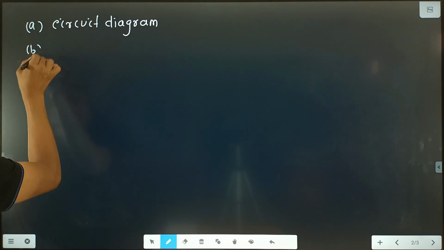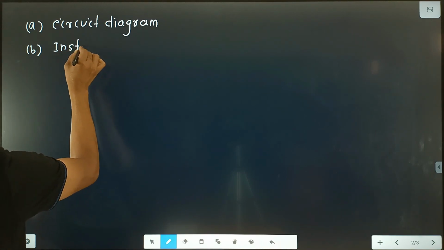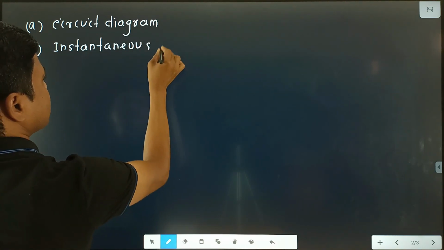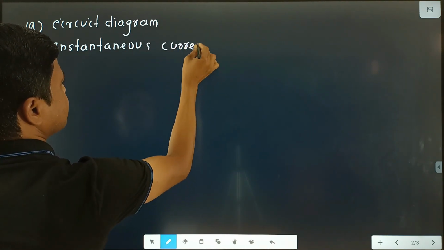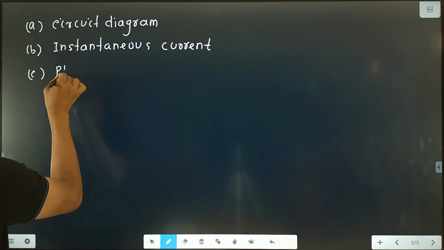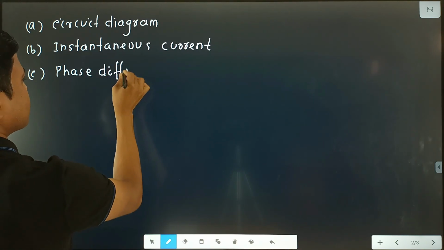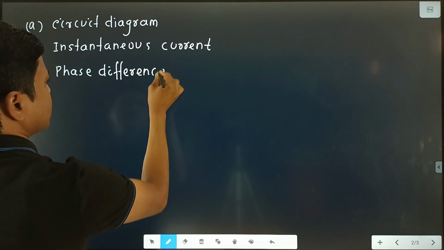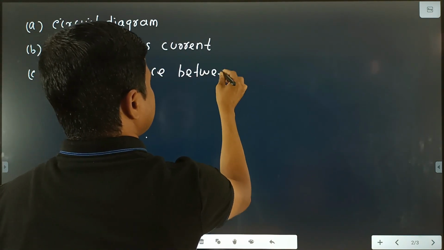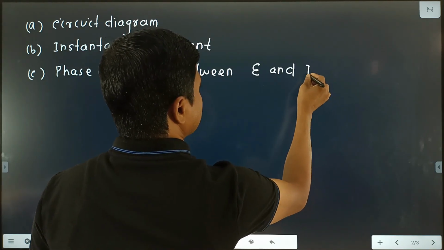Then we will calculate instantaneous value of current. Instantaneous current. Next, phase difference. Phase difference between alternating EMF and alternating current.